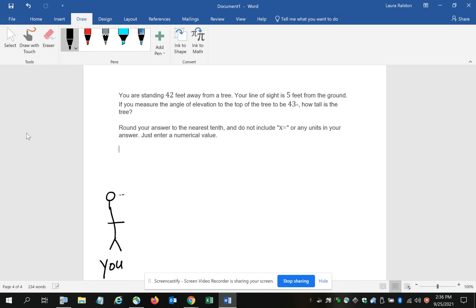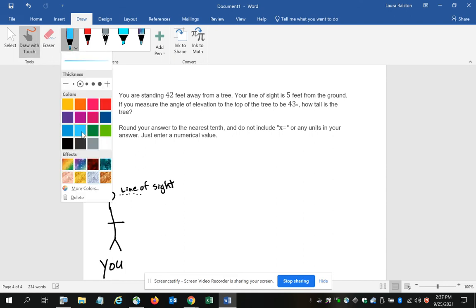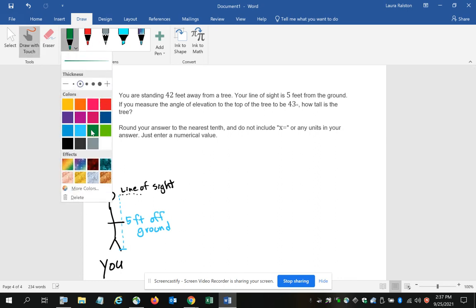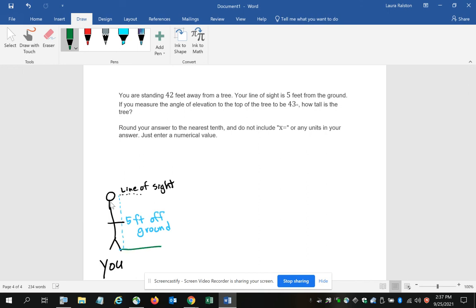It says your line of sight is 5 feet off the ground. I mean, your head is not literally on the ground. So they're assuming that line of sight is 5 feet off the ground. And it tells us that you're standing 42 feet away from a tree.